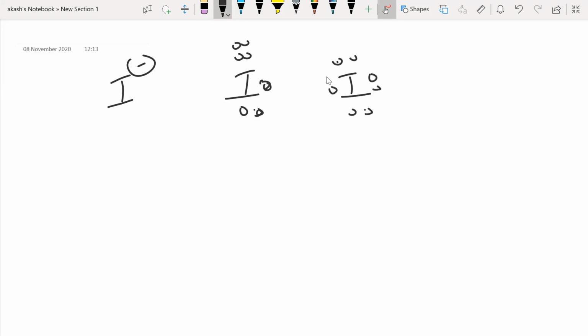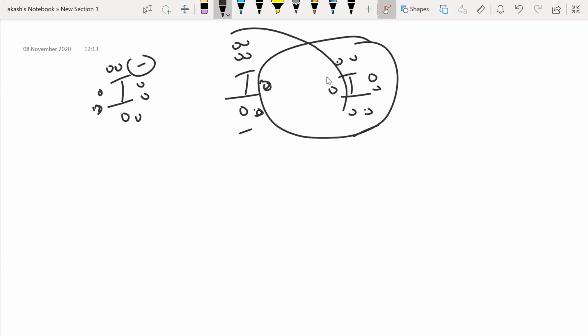Okay, and this iodine atom will have 8 electrons in the valence shell. Already it's I minus, right? So 1, 2, 3, 4, 5, 6, 7, 8. Right? Okay, so 8 electrons. Now for these 2 iodines, it's pretty simple. Both these iodines require 1 more electron to satisfy its octet. So this will take 1 electron, and this will take another electron.